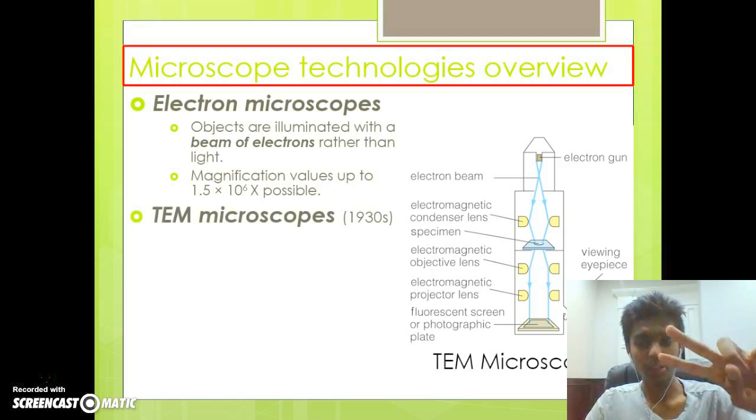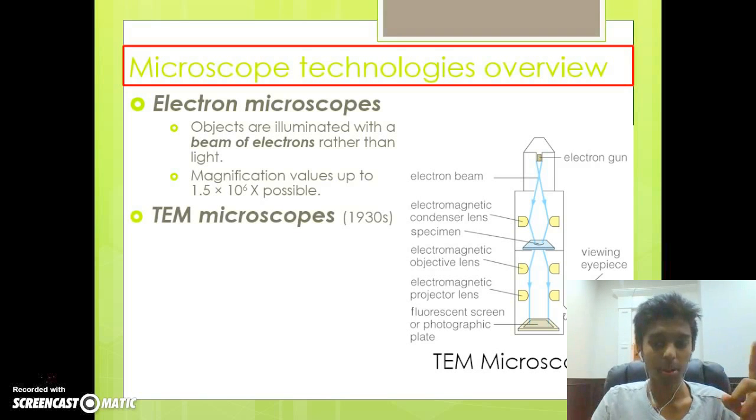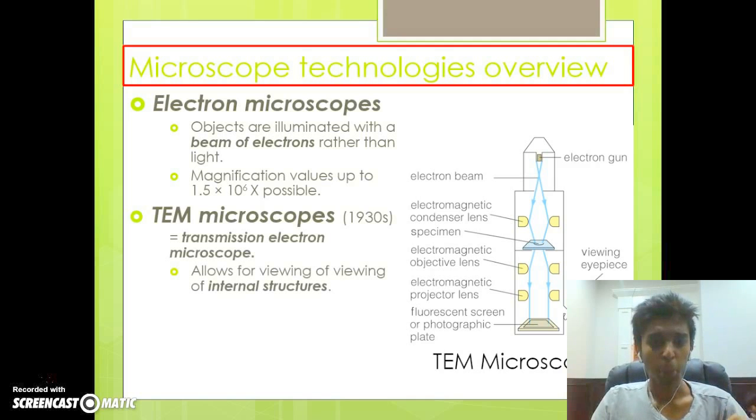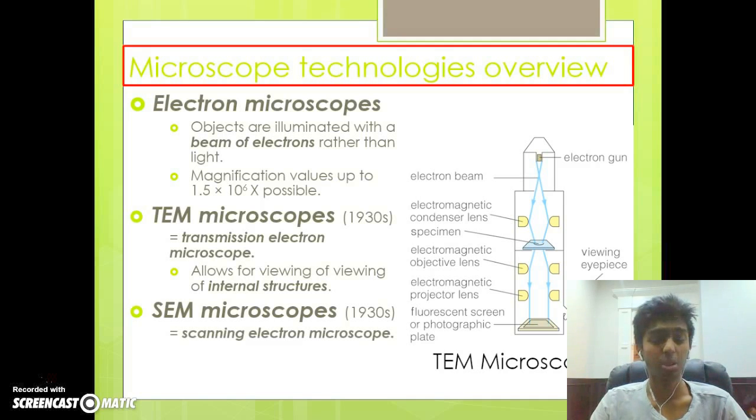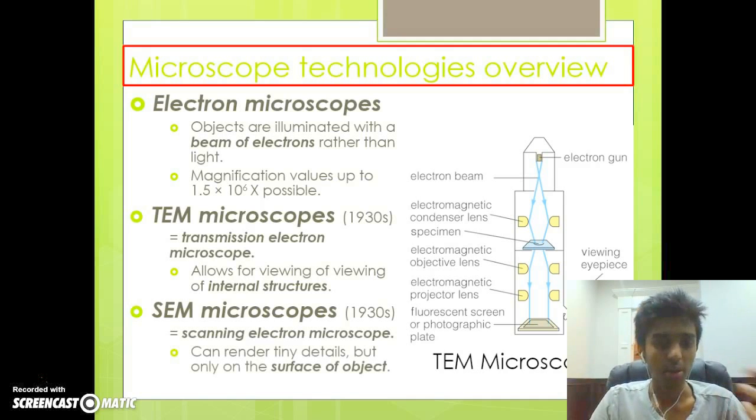Now there's two types of electron microscopes, the transmission electron microscope and the scanning electron microscope. So the transmission, here's the key difference. It allows for the viewing of internal structures such as the nucleus, the cell membrane, the cell wall, etc. These internal structures can clearly be viewed using the transmission electron microscope versus the scanning electron microscope, which is better at rendering tiny details but only on the surface of the object.